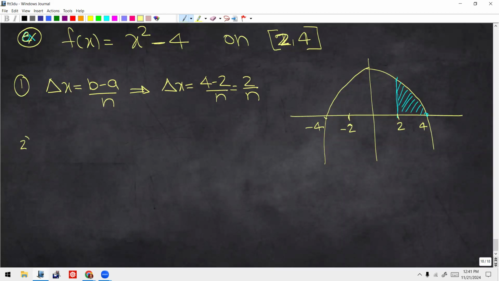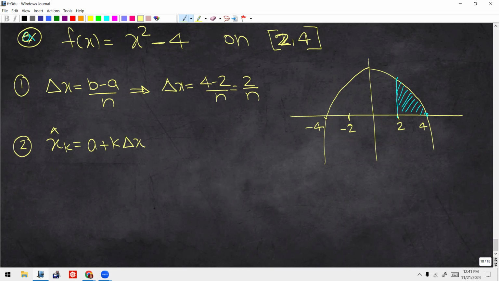The second step was what? To find the evaluation point, x hat sub k, because we want to find the height in each of those intervals, correct? I want to find the height of the rectangle, which was what? A plus k delta x. By the way, these problems get very, very easy if a is 0. Out here, a is what? 2. Still makes you do more work.